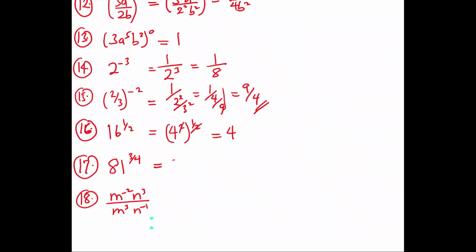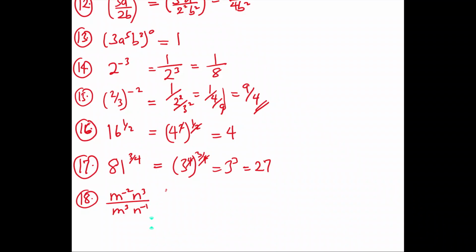Okay, so that means if we multiply 3 four times, we should get 81. So that will be 3 raised to power 4, close the brackets, raised to power 3 over 4. Okay, so this 4 will cross out each other. So we have 3 raised to power 3. Okay, so that will be equal to 27.